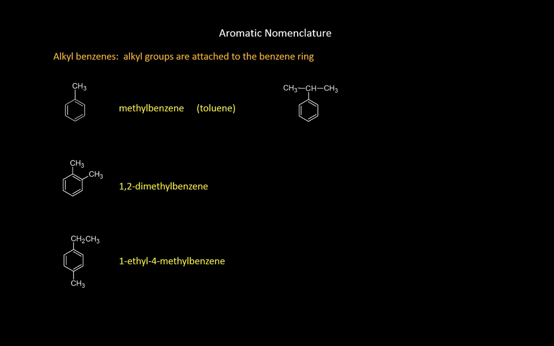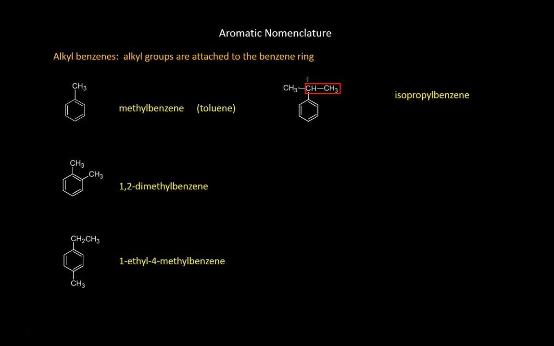Now this one. You recognize the isopropyl group here. The common name would be isopropylbenzene, but the IUPAC or systematic name is different. The carbon attached to the ring is numbered 1. You recognize the ethyl group in the box. We could have chosen the left side as well.